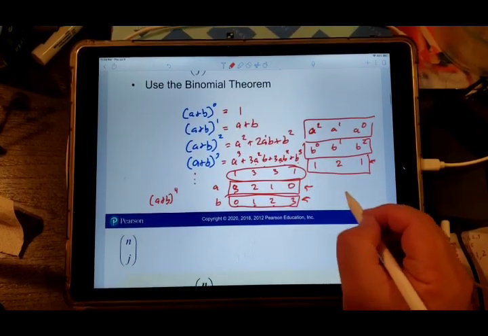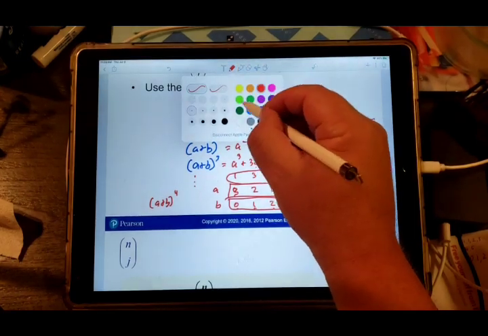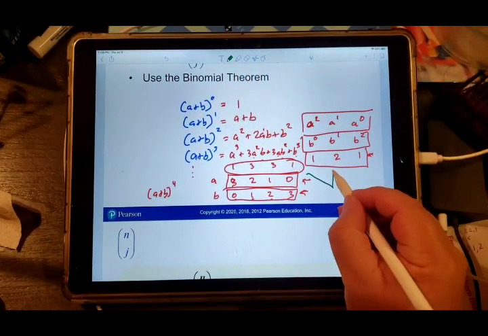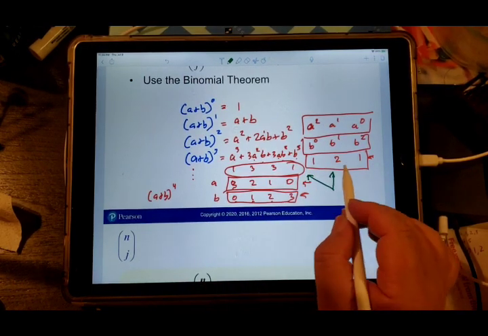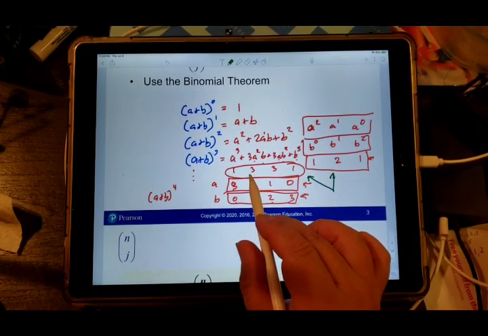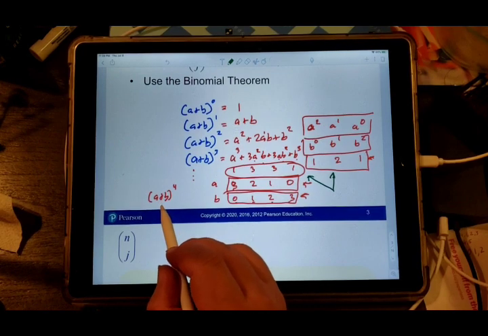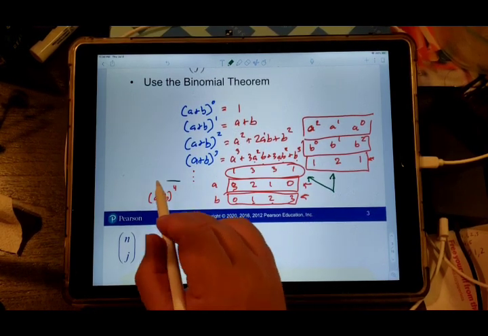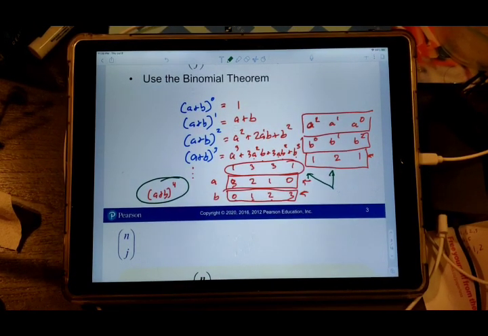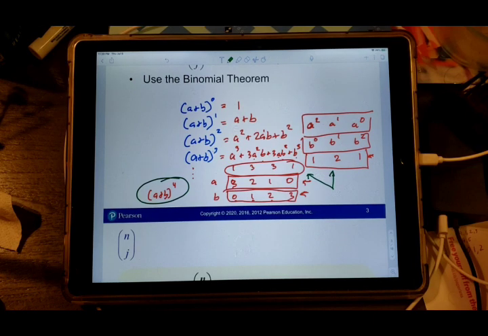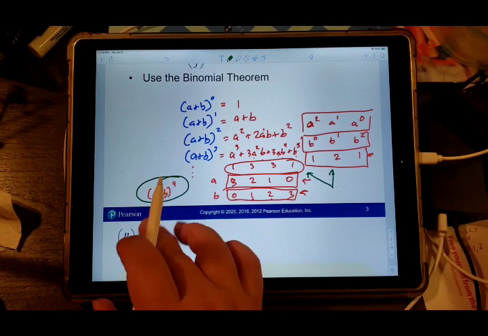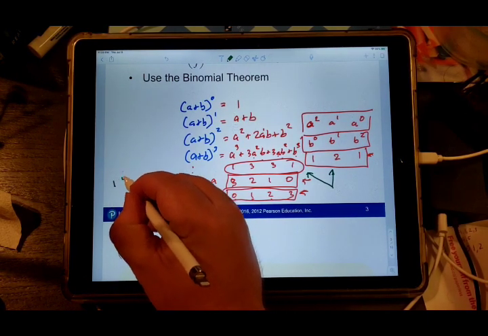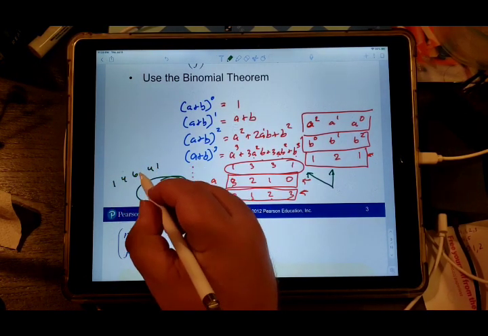It's the coefficients that need some explaining. Where did this 1, 2, 1 come from? Where did this 1, 3, 3, 1 come from? And what would the coefficients of a plus b to the 4 even be? Well, I'll go ahead and tell you. The coefficients for this one are 1, 4, 6, 4, 1.